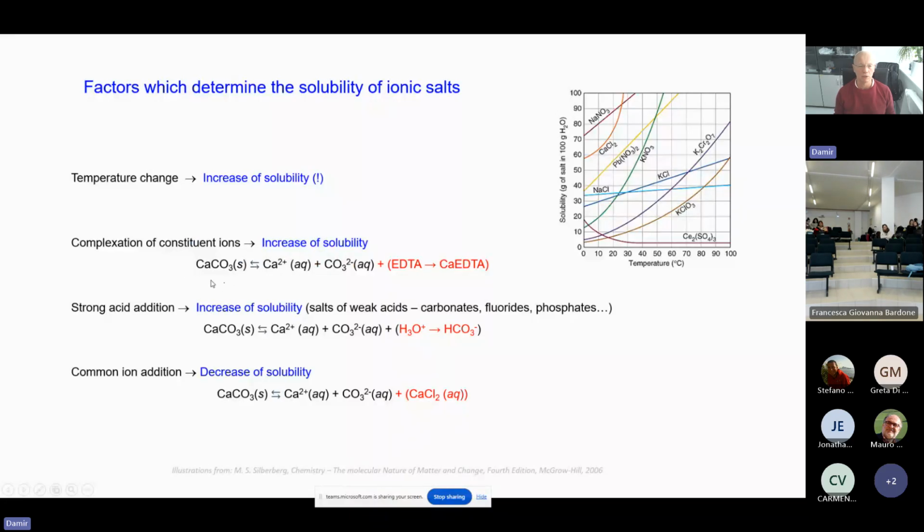Similarly with the addition of strong acid. Strong acid can strongly increase the solubility of salts of weak acids like carbonates, fluorides, phosphates, by this equation.